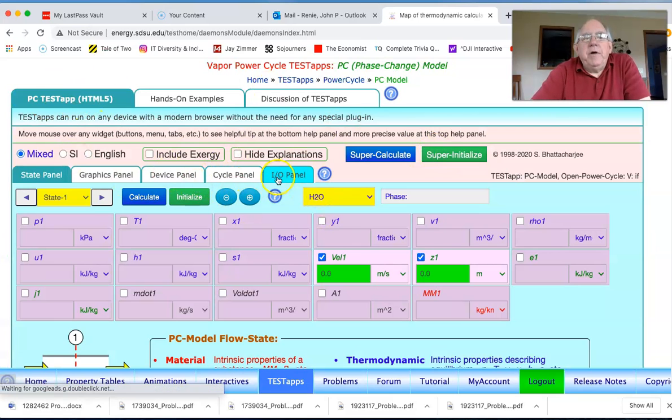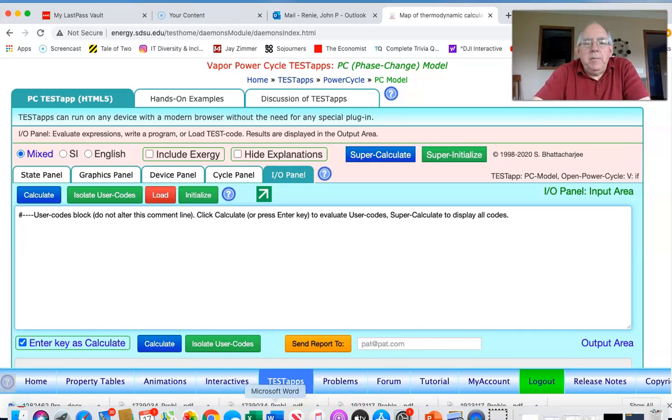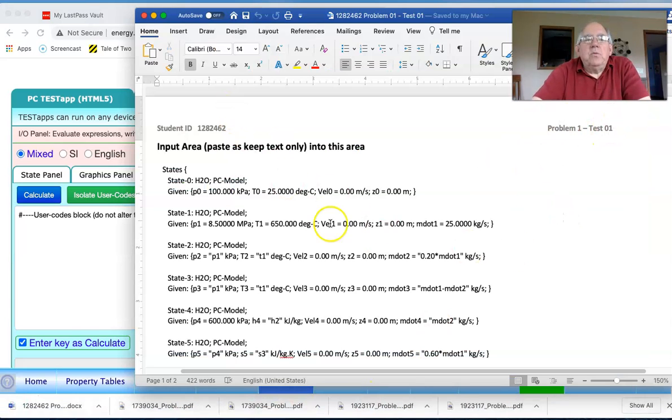And so again, as we've done many times, the I/O panel, then I need to go to my Word document. And again, this is the Word document that was supplied to you.